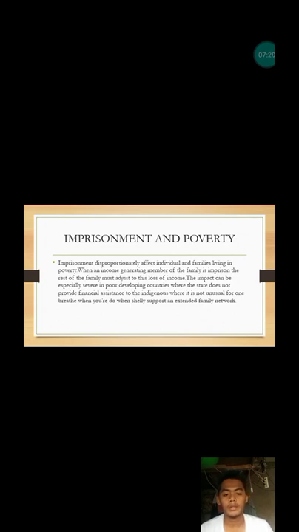The families have no food, or they don't have any income because one of their family members is in prison, and they will have to adjust in order to survive.